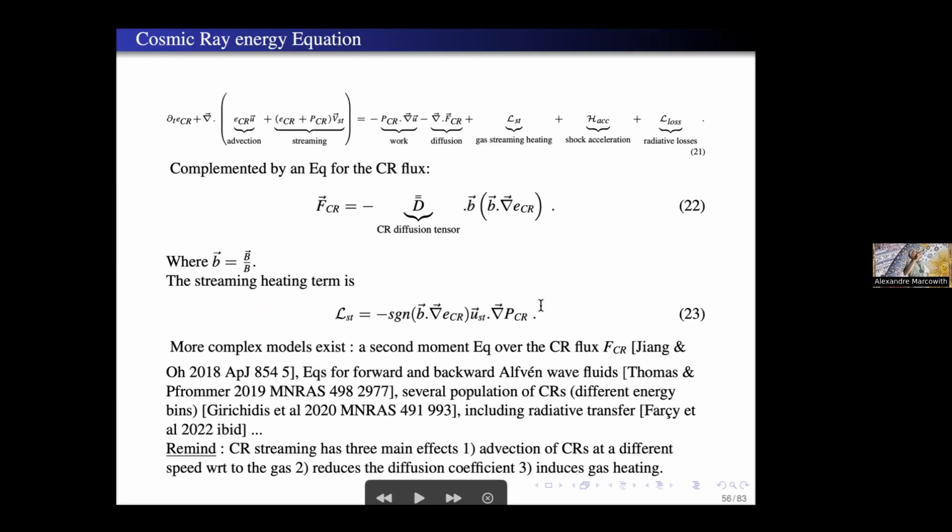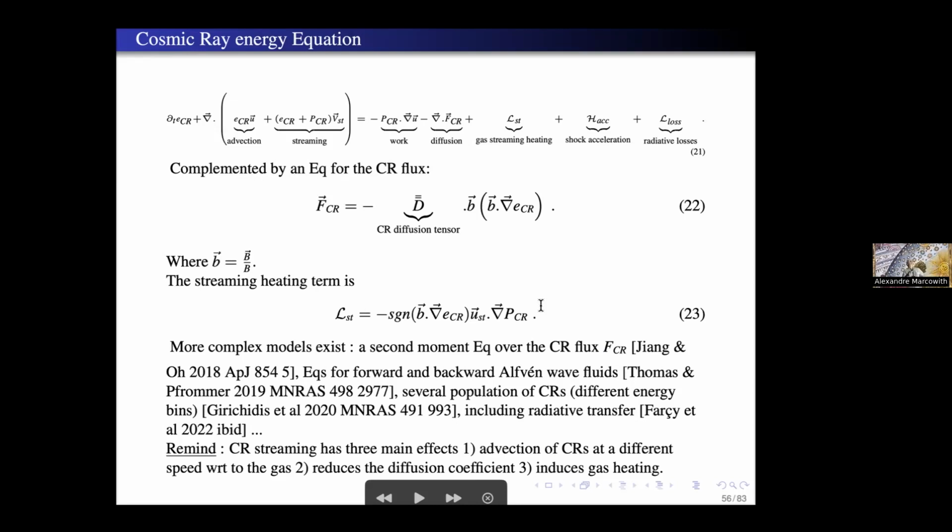So for the flux, the diffusion coefficient of cosmic rays is entering. You can apply all the models I showed you before, and you plug this model into this tensor, or, to simplify, the parallel diffusion coefficient in 1D, to calculate the cosmic ray flux.